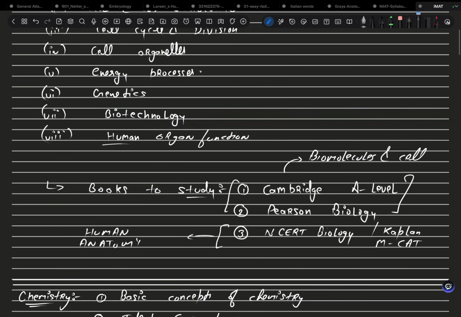Then comes human organ functioning: the digestive system, blood circulation, breathing, excretion, locomotion, neural control and coordination, and chemical control.